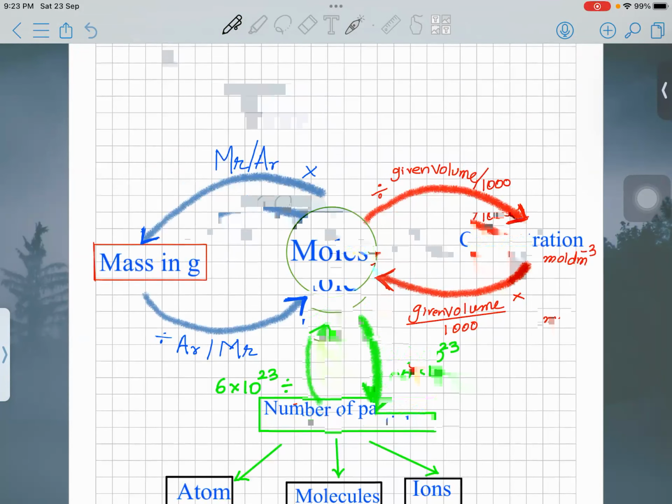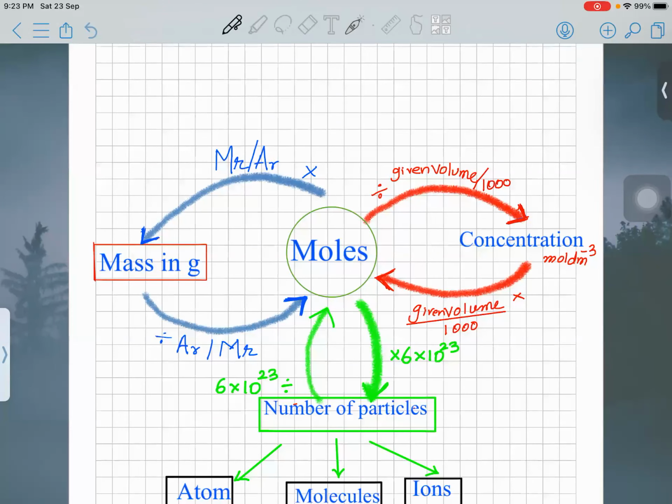So you can use moles to find the concentration. You can use moles to find the number of particles.